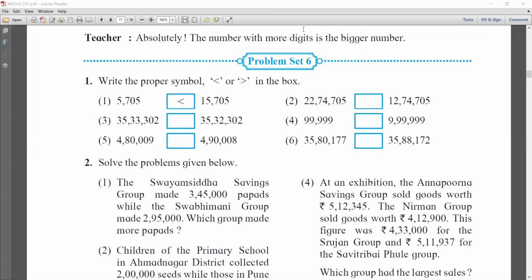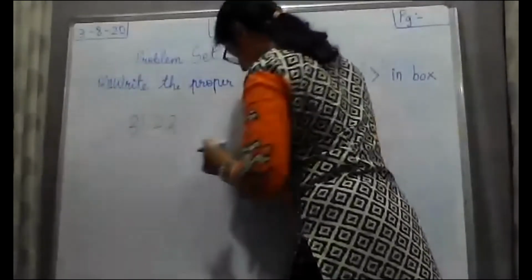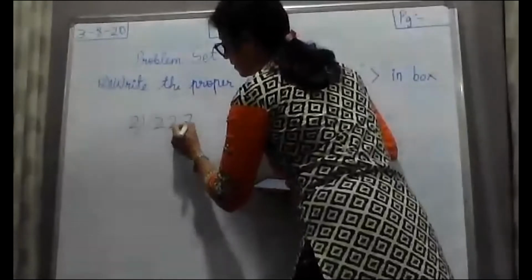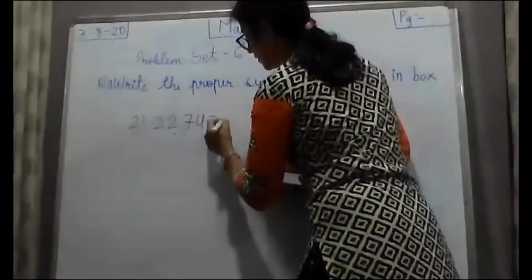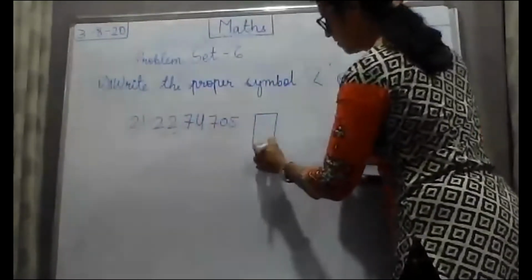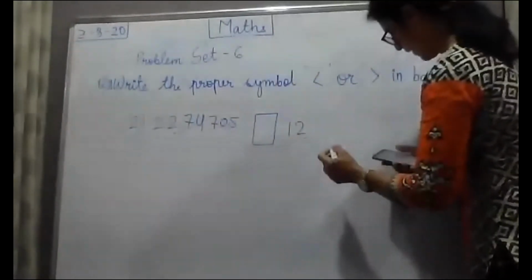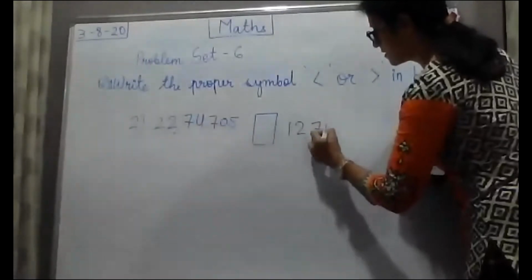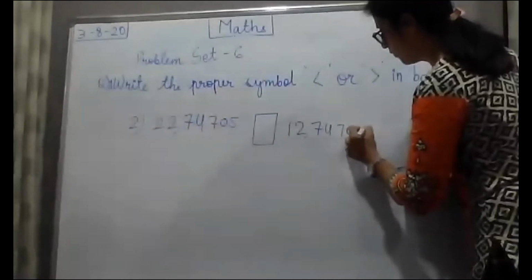We will move with the second one, that is 22 lakhs 74,705. And here it is 12 lakhs 74,705.